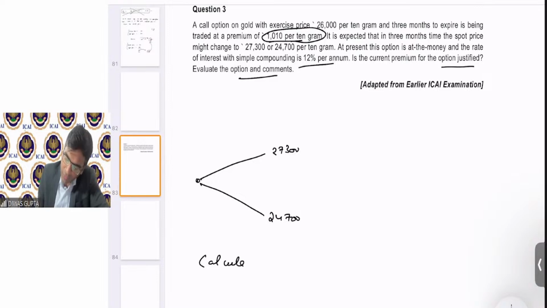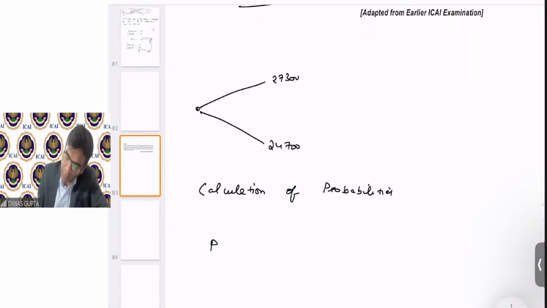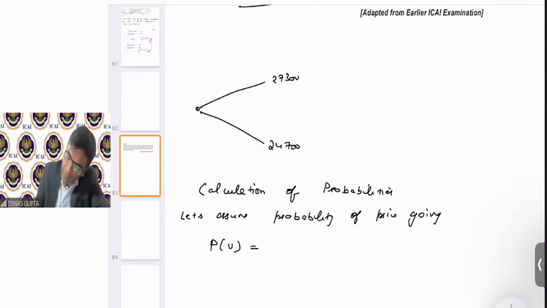Calculation of probabilities. So the probability of price going up. Let's assume probability of price going up.